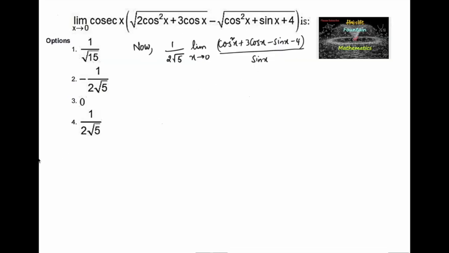Now here in this limit, when we substitute x is equal to 0, we'll be getting cos 0 is 1, plus 3 minus 0 minus 4 divided by 0. So which is 0 by 0 form.